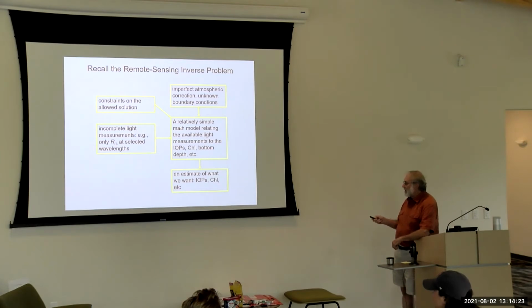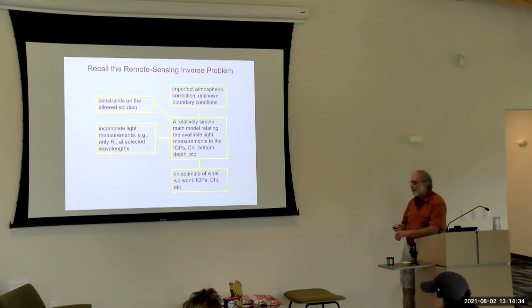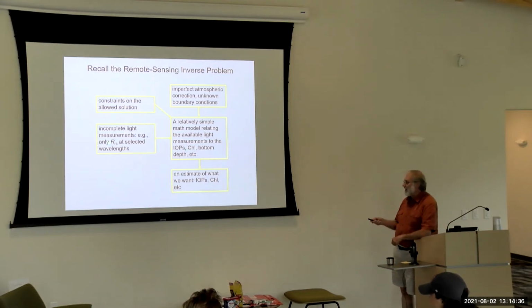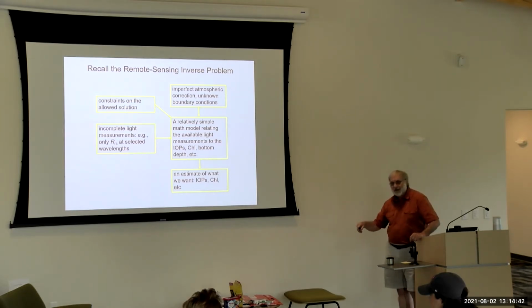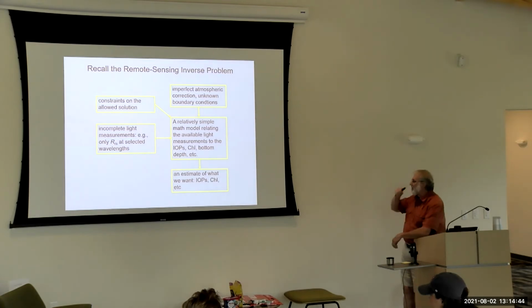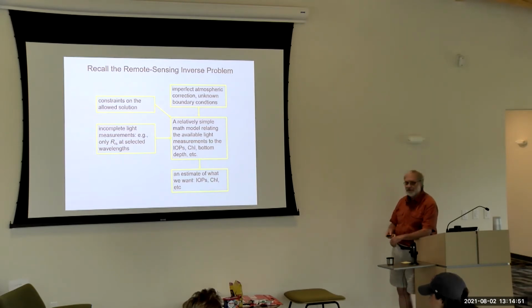And then you're going to have a relatively simple mathematics model that will relate what you do know, like the RRS spectrum, to what you would like to know, like IOPs, chlorophyll, bottom depth, and so forth. And you may have to add some constraints in order to get a solution that actually makes physical sense. So we'll see how that works in a minute. But anyway, you go through this and you get an estimate of what you want. So IOPs, chlorophyll, whatever.